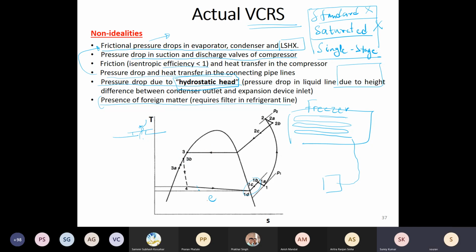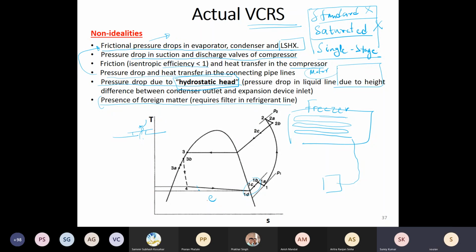Okay, and again, people who come to the lab will see that you have heat transfer also in the compressor. So the compressor assembly has both the compressor and the motor together, and they need to be cooled. We assume it to be an adiabatic device and all those things, but you have heat transfer.